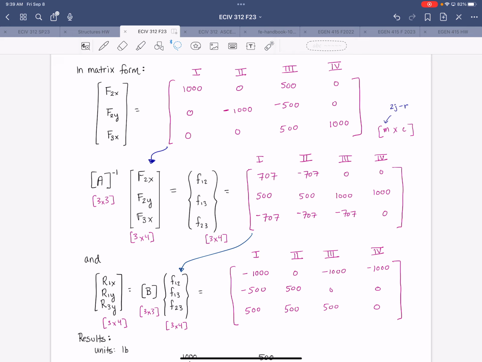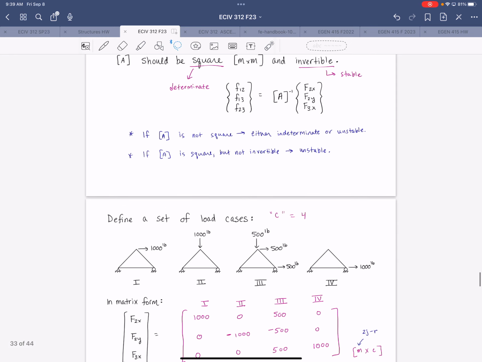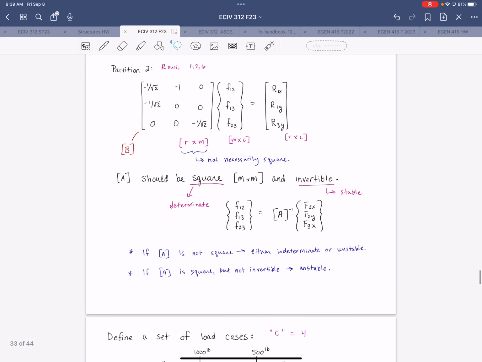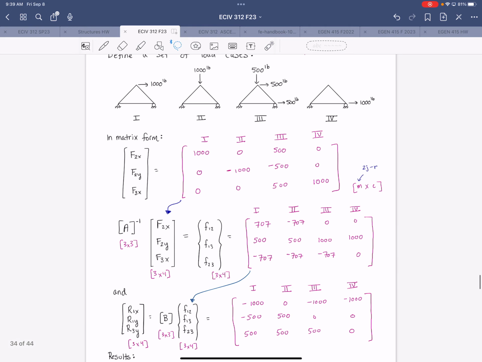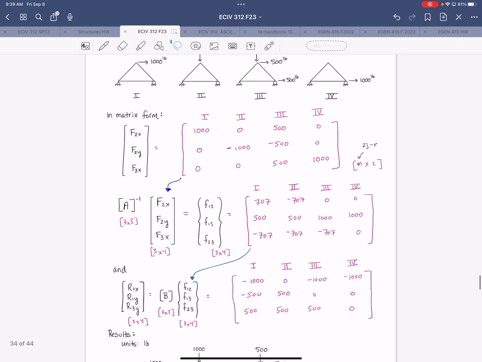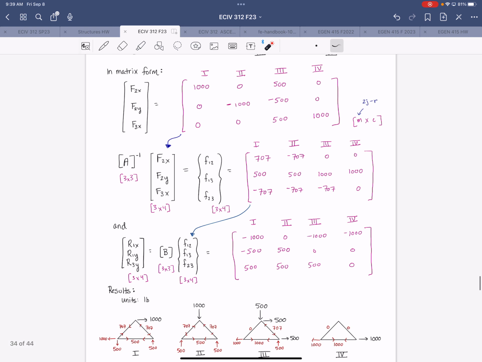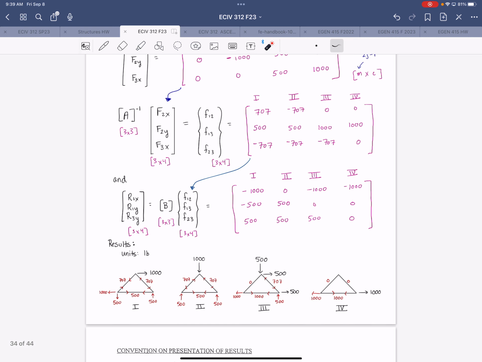You're welcome to submit a screenshot of your Excel spreadsheet, but what I'm going to be looking for is basically writing out the matrices similar to what's written in this example. Again, you don't have to write the actual matrix computations, but writing the matrix equations, similar to this, and then the results out. So that's what I'm looking for in your homework assignment.